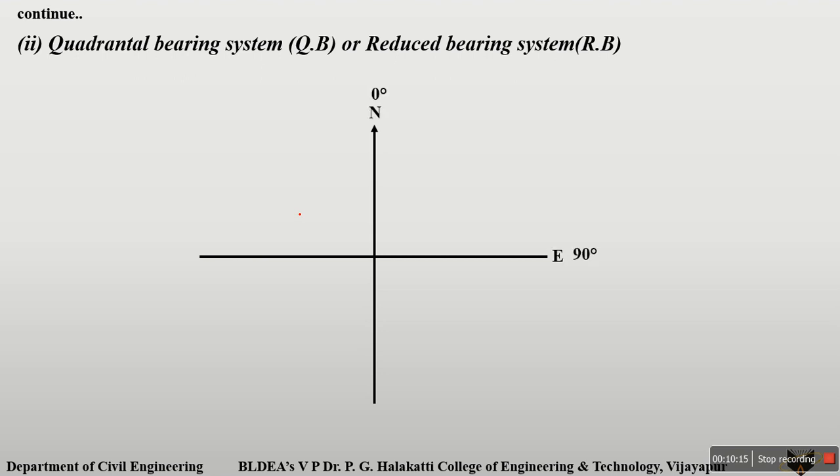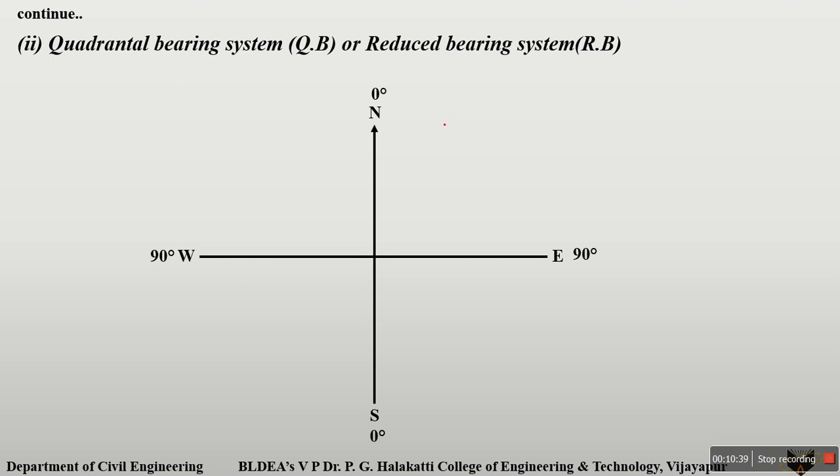In the surveyor compass, the angles are marked like this. I told you that the bearings in this condition we measure from the reference of both north and south directions. It may be clockwise or anti-clockwise, towards the east or towards the west side.